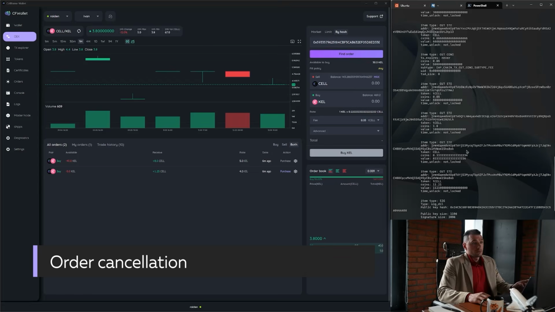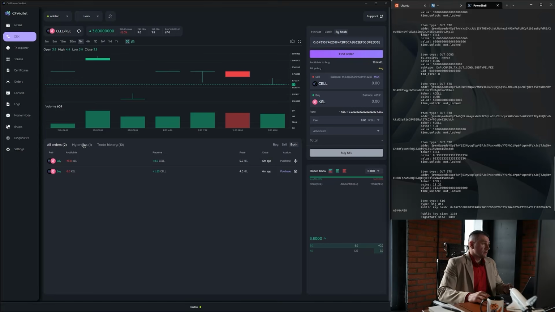Canceling follows the very same pattern. It is not just a database delete. It is a transaction that consumes the conditional output and returns the locked value back to the seller. So let Ivan try to cancel his own order.